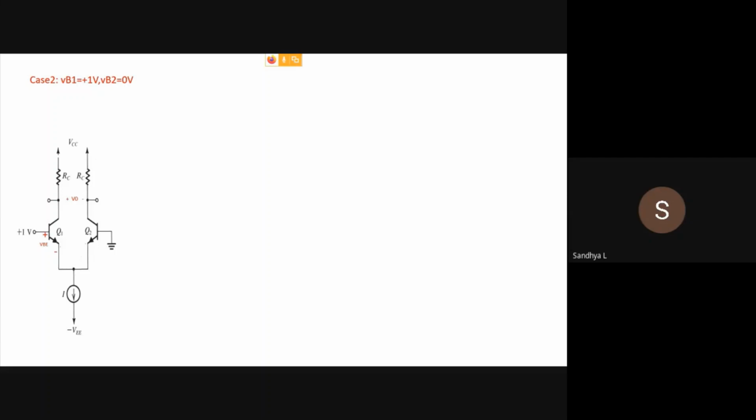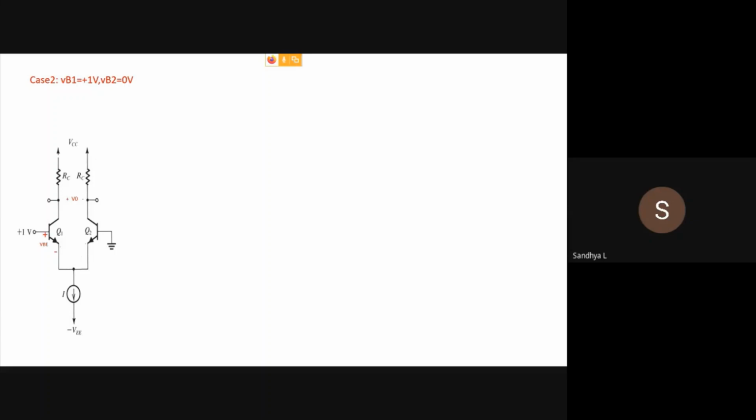So the base is 0.7 volt more positive than its emitter. Only then is an NPN transistor said to be on or conducting. If this is not the case, then that transistor is off.